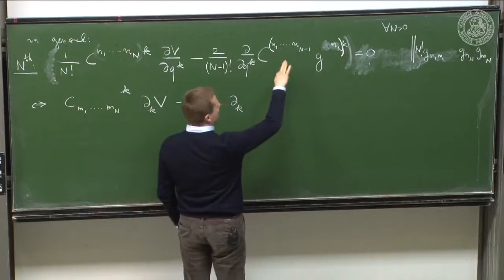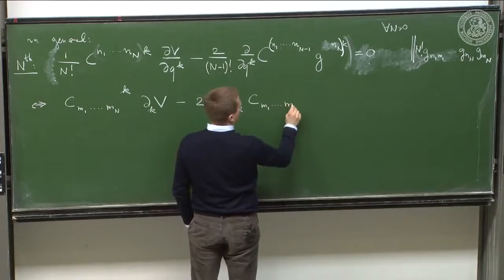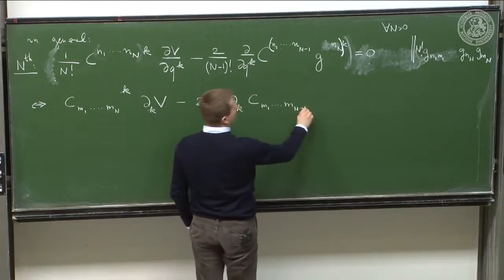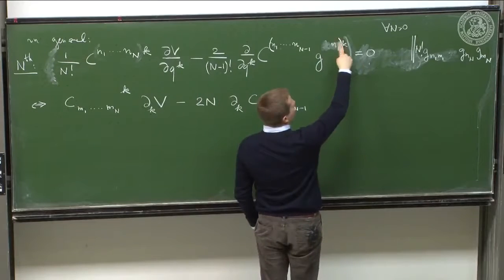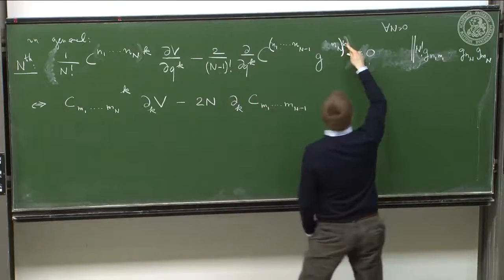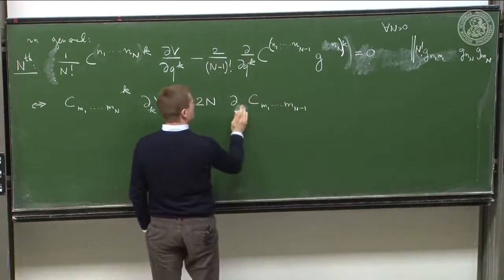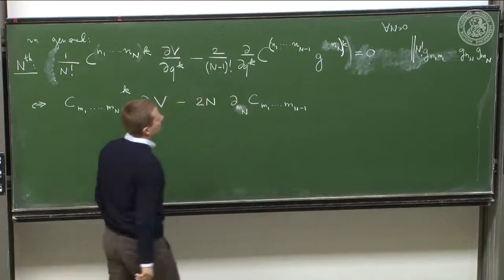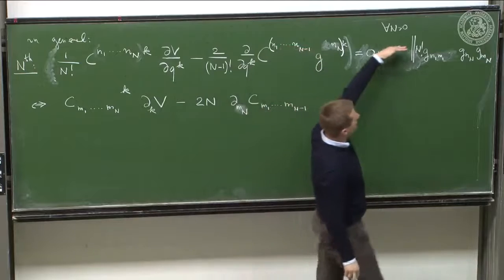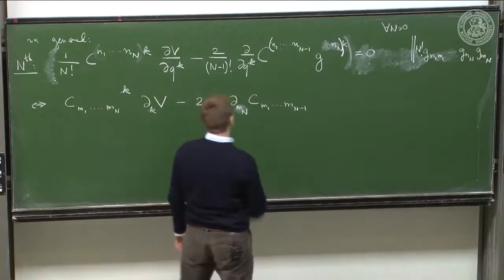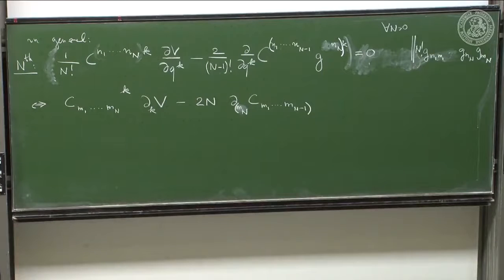I pull the flat metric straight through. So I get C m1 to m n minus 1. They're certainly pulled down. But also here I pull down the last one. That gives me a delta k m n. But a delta k m n is this one, m n. And I don't forget that I had here the symmetrization. The symmetrization will be inherited down here, so I need a big bracket here. And this big bracket is all important.